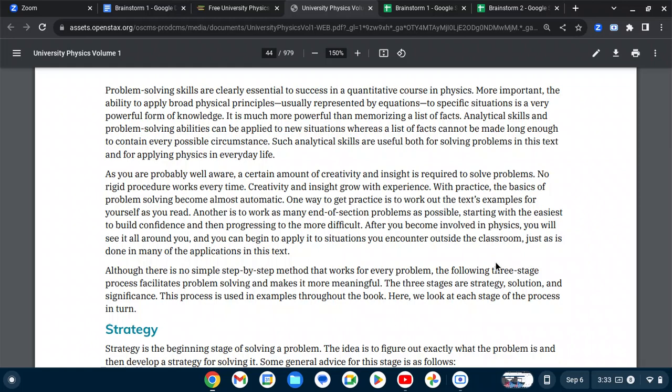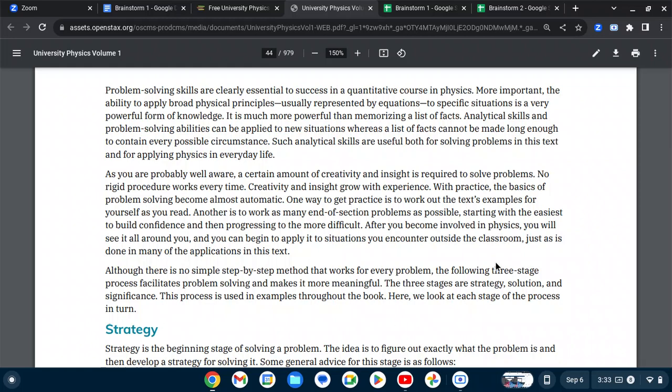So problem-solving skills are clearly essential to success in a quantitative course in physics. More important, the ability to apply broad physical principles, usually represented by equations, to specific situations is a very powerful form of knowledge. It is much more powerful than memorizing a list of facts. Analytical skills and problem-solving abilities can be applied to new situations, whereas a list of facts cannot be made long enough to contain every possible circumstance.